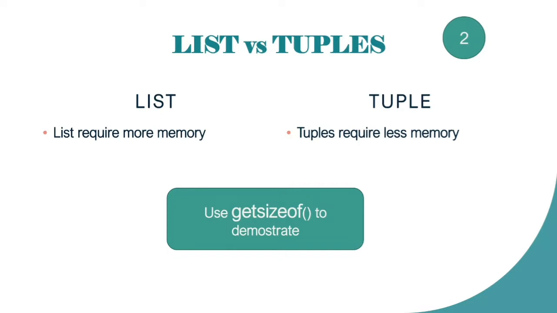It has been observed that list takes more memory and tuples take less memory. And we can even visualize that with the help of the getsizeof method that is present in the sys module. So let us come to the Python screen first and visualize this programmatically.